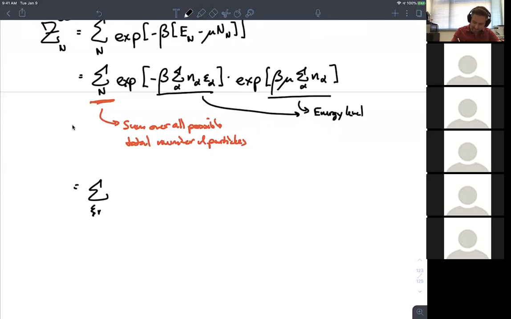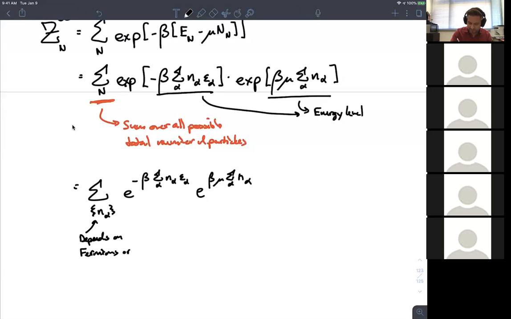So now we're just going to sum over all allowed values of our occupation numbers of e to the minus beta sum over alpha n alpha E alpha, e to the beta mu sum over alpha n alpha. Same thing. And again, what this set of allowed occupation numbers is depends on whether you're talking fermions or bosons.